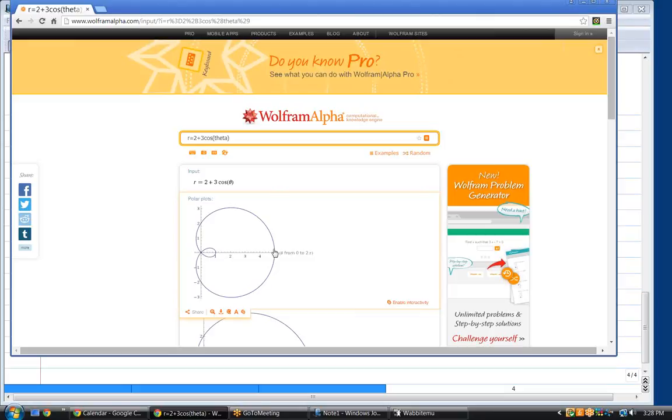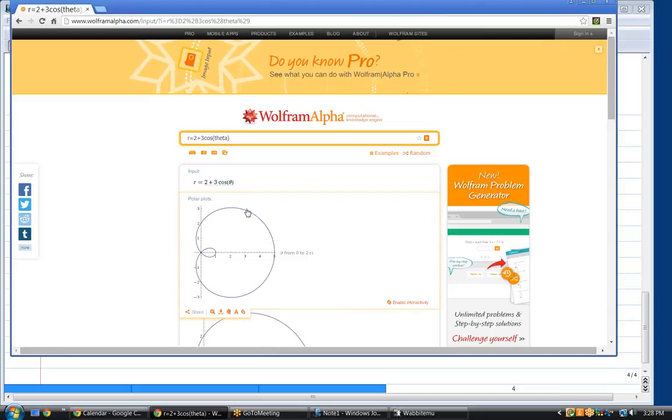There is no way you're going to get an r greater than 5. Why? Because the maximum value that cosine of theta can have is 1. Cosine of theta can never be more than 1. So when I make theta 0, so that the cosine of 0 is 1, I'm getting a maximum r. Right there, it's 5.